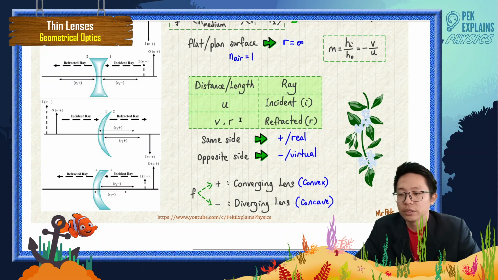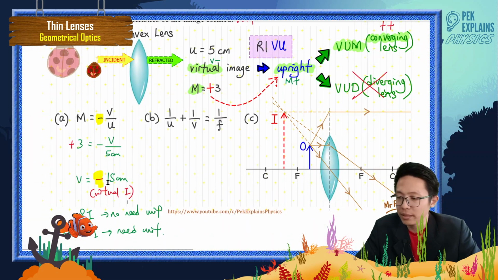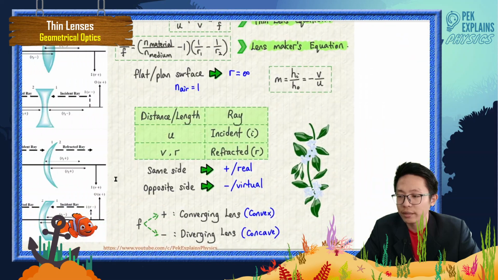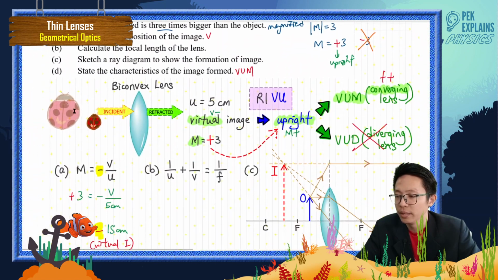So now, my v is negative. That means it's opposite to refracted ray. My image is not formed on the same side as refracted ray. My image is formed on the opposite side to refracted ray. So this is my image.